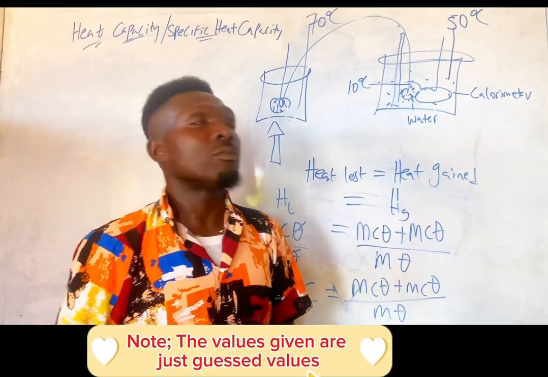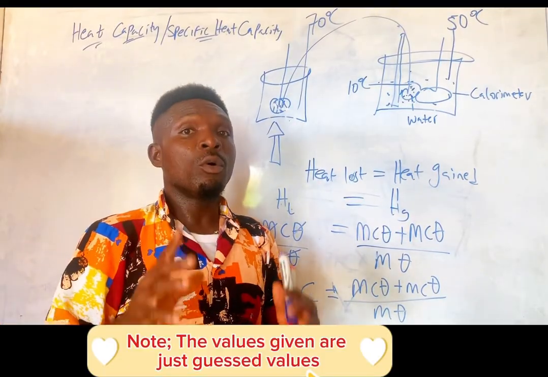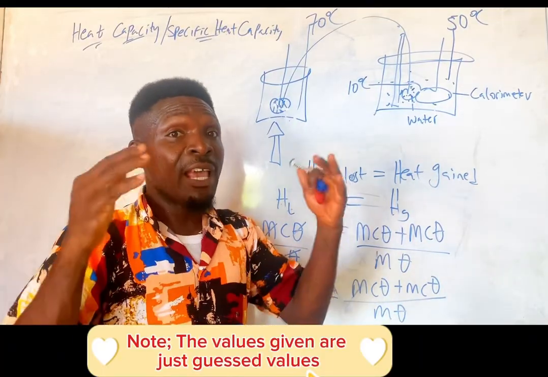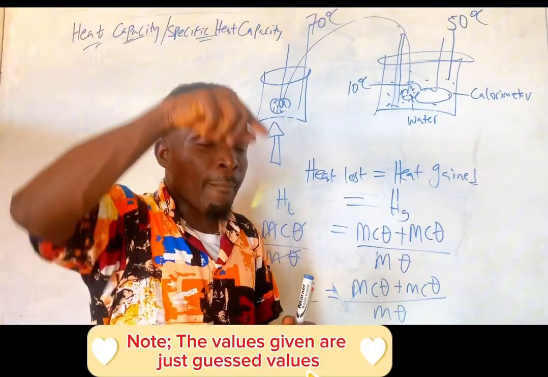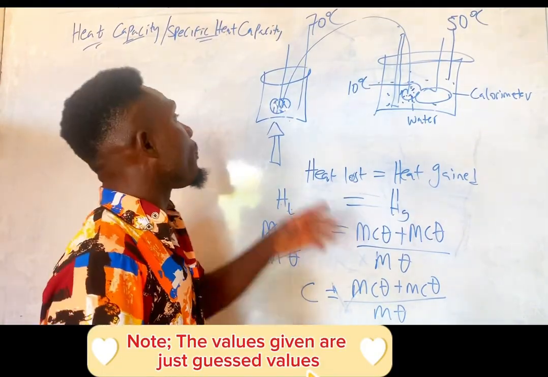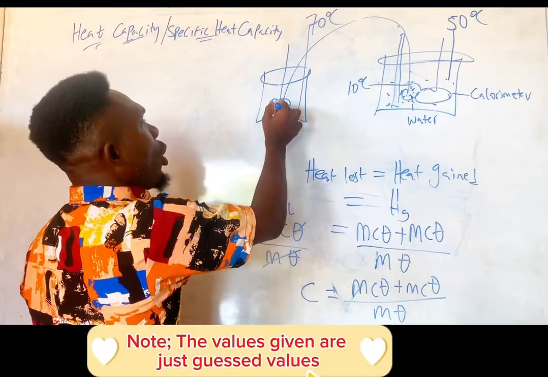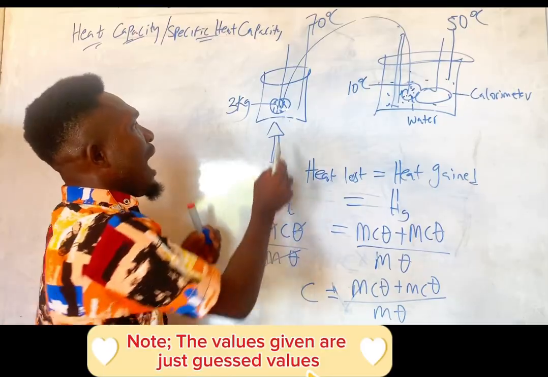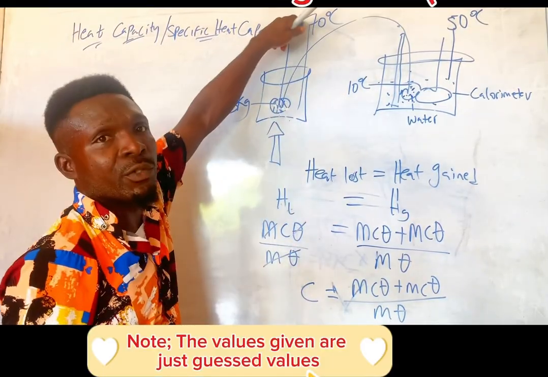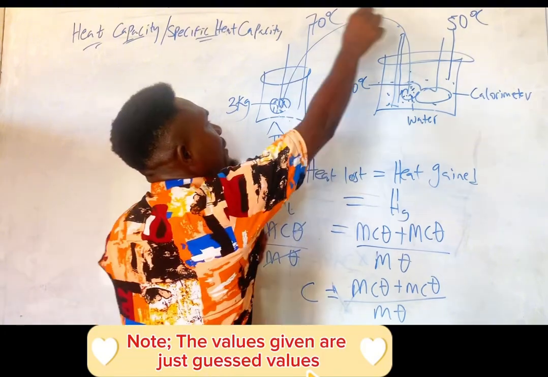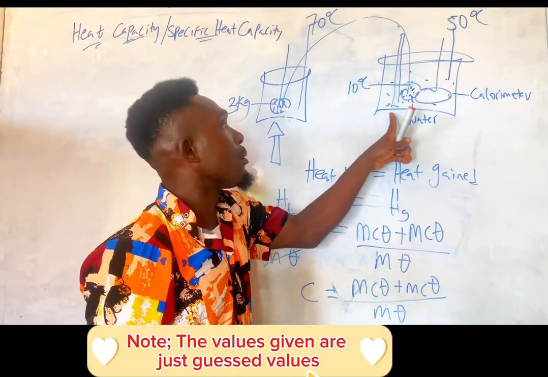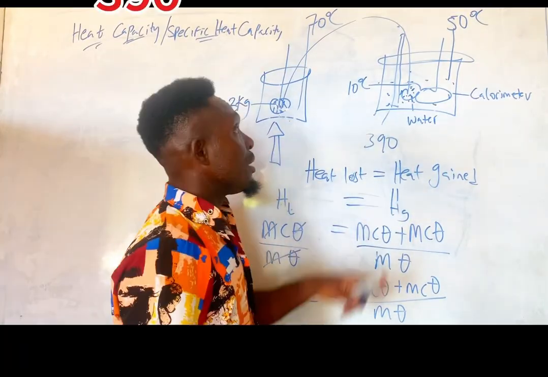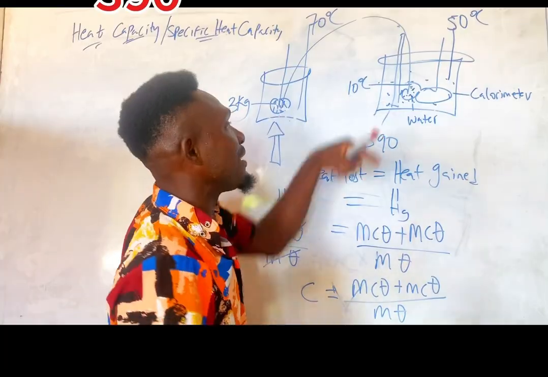Let's do a simple question. Now solve this question. Chibweze Usoji, try and solve this question. And some of the students from Port Harcourt and Lagos State, ensure you solve this question and give me your answer in the comment section or on our WhatsApp group. Let's take for instance, the mass of this metal is 3 kilograms. And it was heated to a temperature of 70 degrees Celsius and quickly transferred into a copper calorimeter, whose specific heat capacity is 390.